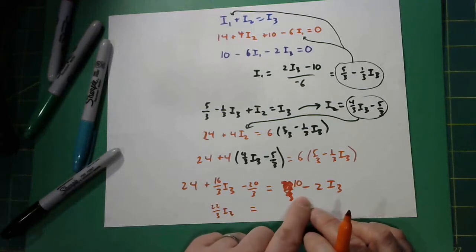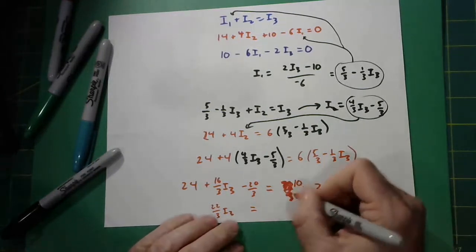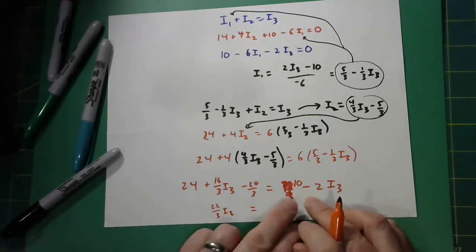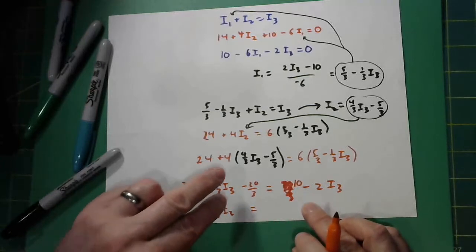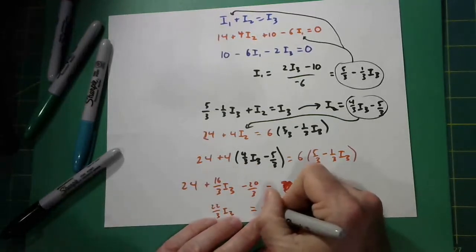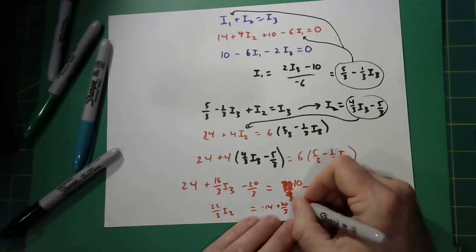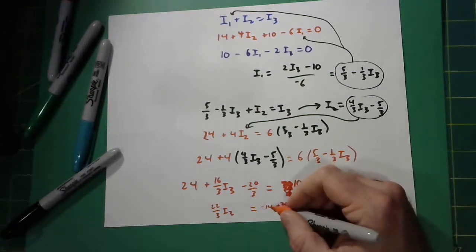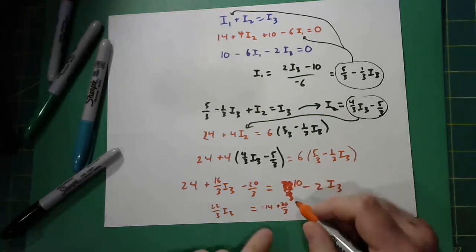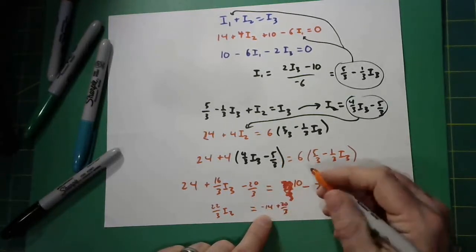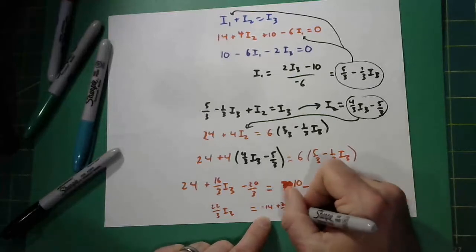I'm going to subtract 24, right? You know what 10 minus 24 is? Negative 14. Negative 14 plus 20/3. Simple math, I know. That's going to be 42/3. So it's 20/3 minus 42/3, which is negative 22/3.